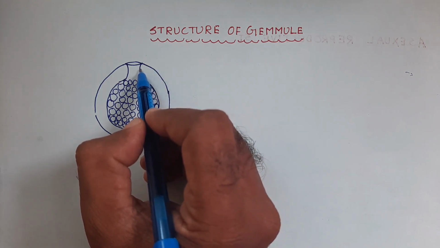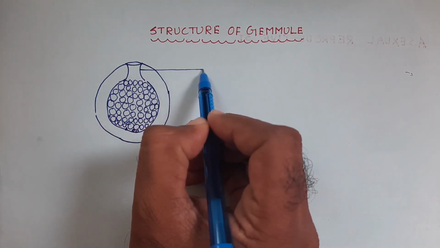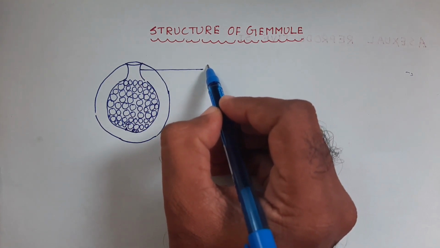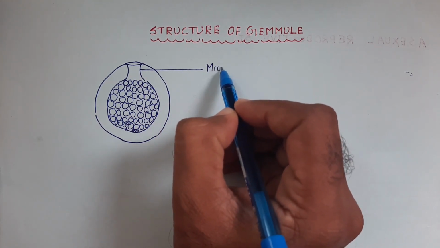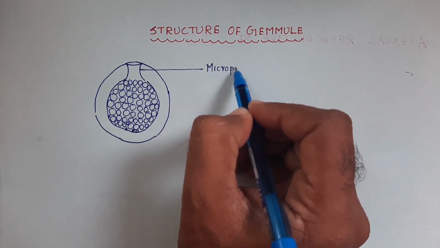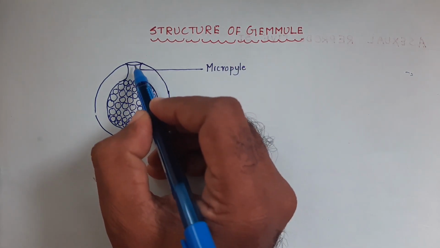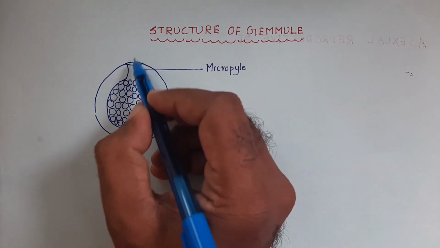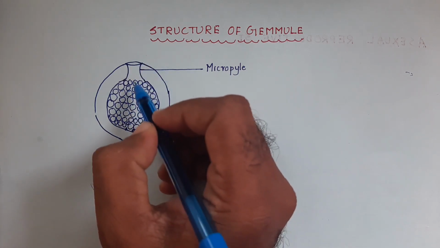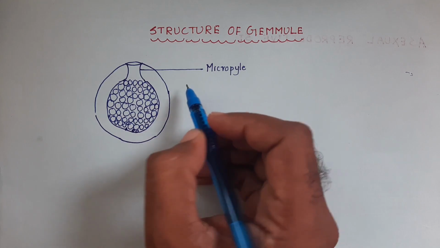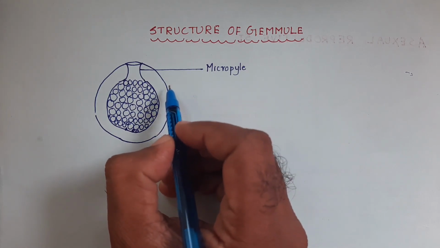This is called the micropyle end. It is known as the micropyle opening, through which these archaeocytes come out.